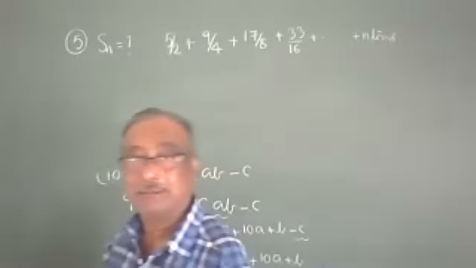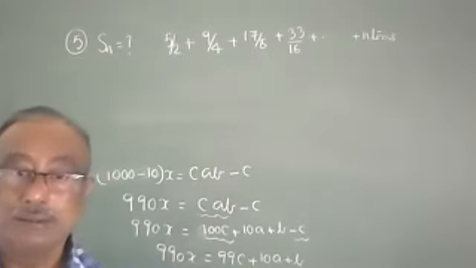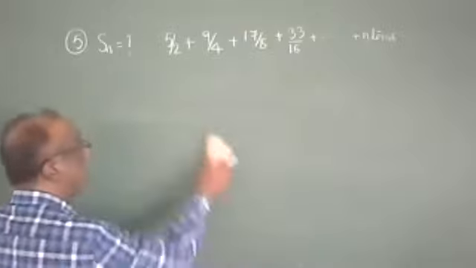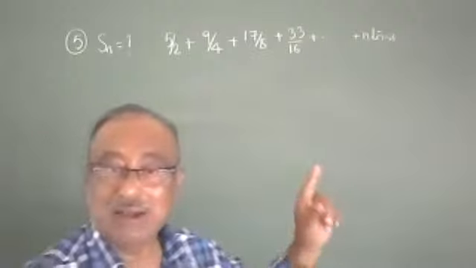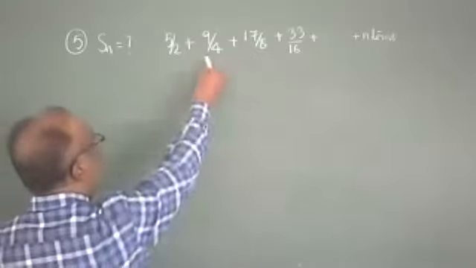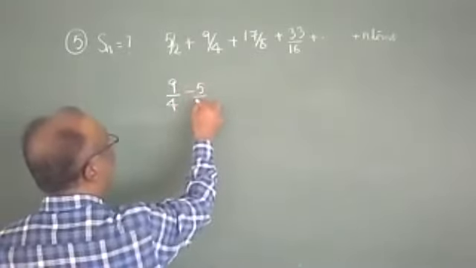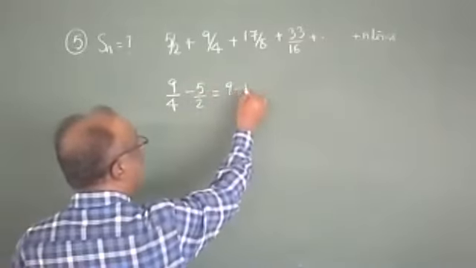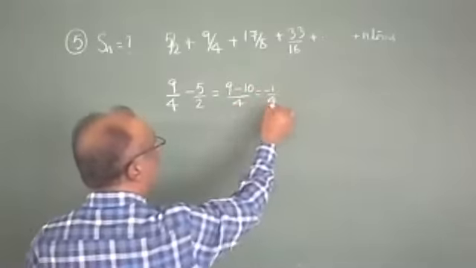Right, everyone see this problem. I am going through the first one. You have to observe this is not in arithmetic progression, because the difference of the next number and the before number is not the same. These two differences: 9 by 4 minus 5 by 2, the difference is 9 minus 10 by 4, its value is minus 1 by 4.